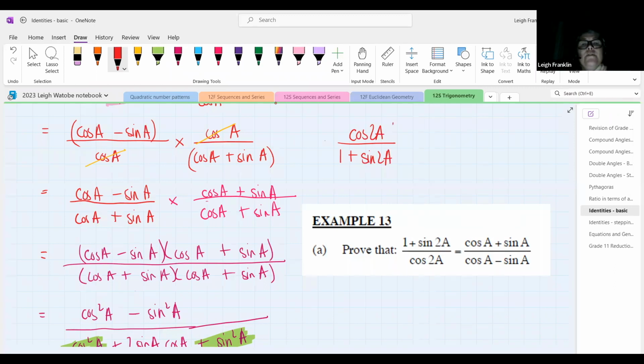So I know that this is where I want to get to. If I want cos 2a, there are three different ways in which I can write it. I can write it as cos squared a minus sine squared a, or as 2 cos squared a minus 1, or as 1 minus 2 sine squared a. That's the only way I can get cos 2a. So now I'm looking at my numerator.